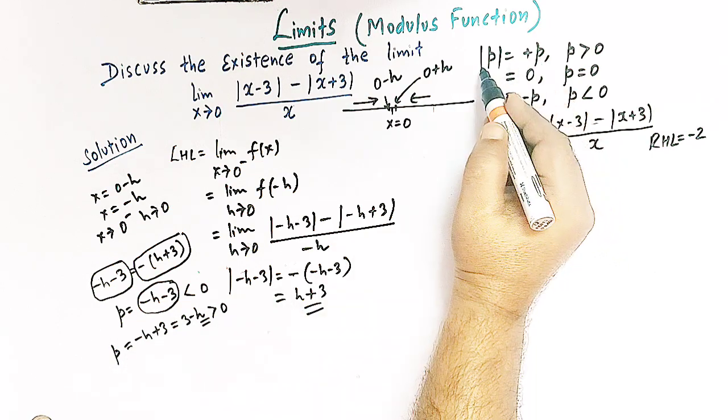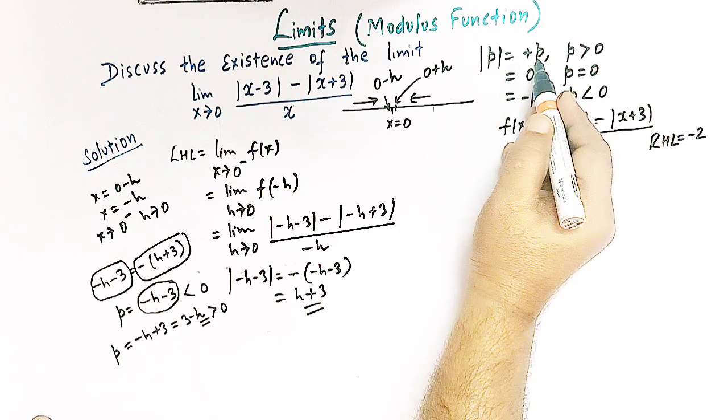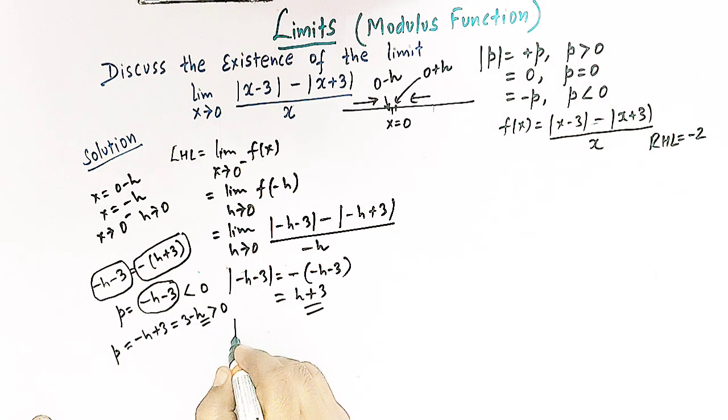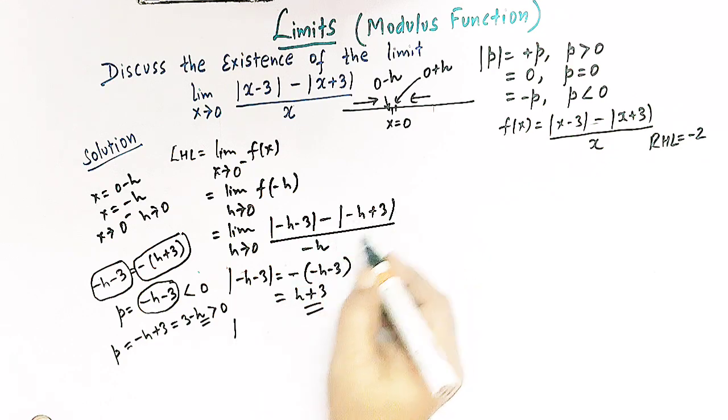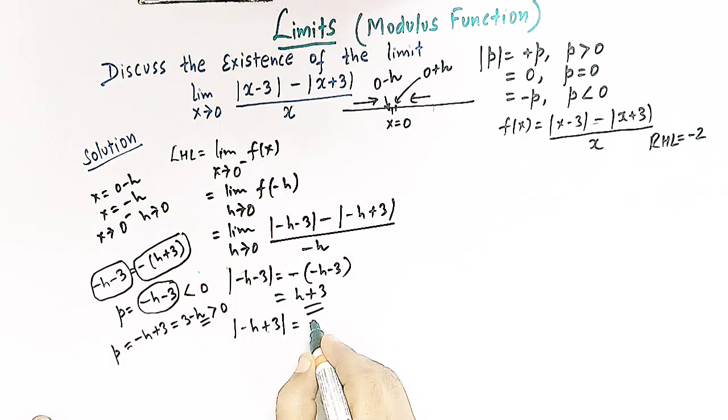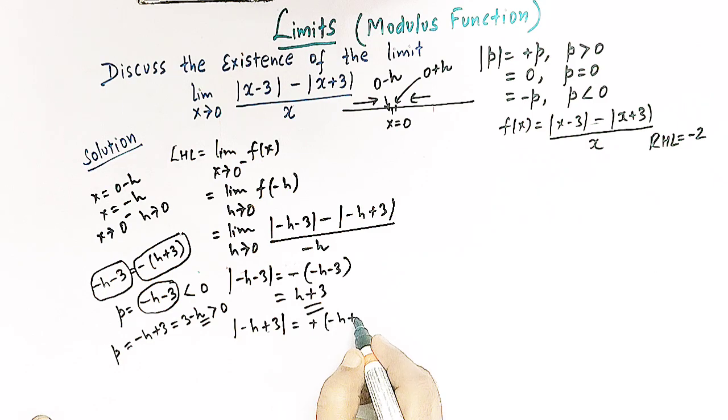So now we have to take mod of p is equal to positive p when p is greater than 0. So now in this case, mod of -h + 3 can be written as positive -h + 3, which is simply -h + 3.